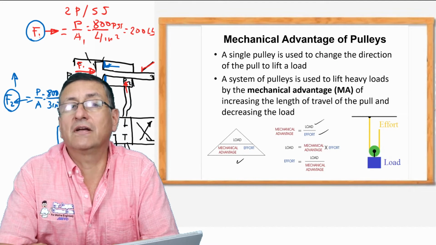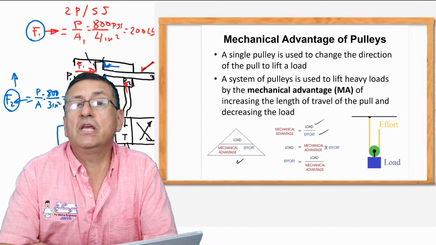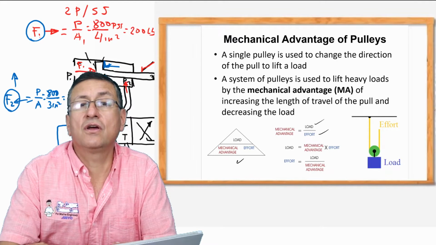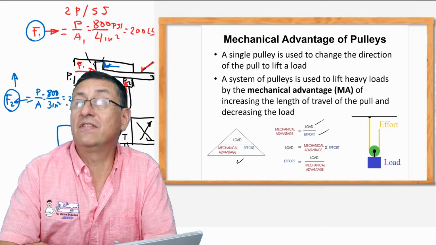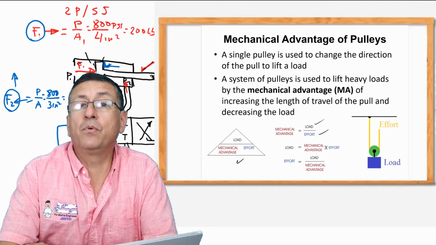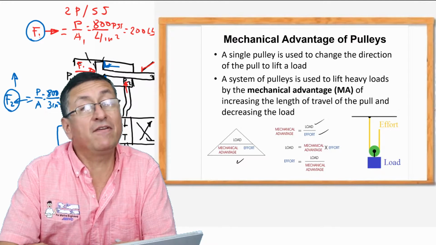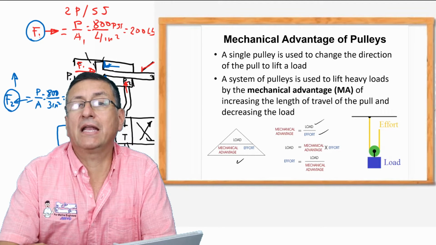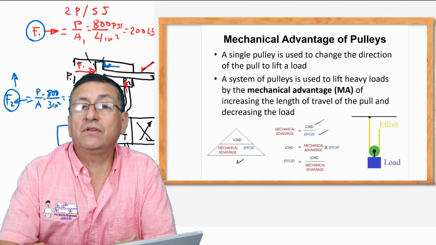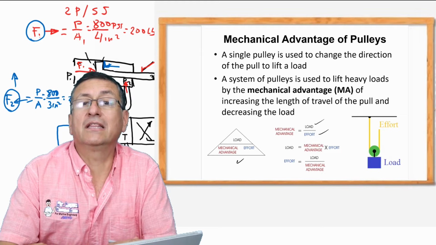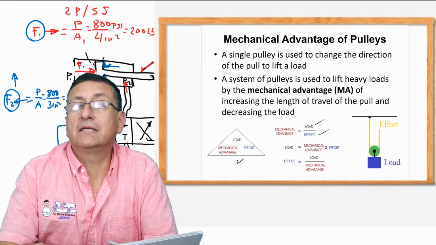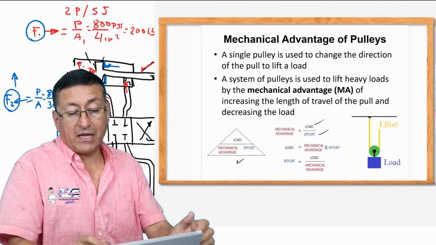A single pulley is used to change the direction of the pull to lift the load. A system of pulleys is used to lift heavy loads by the mechanical advantage, increasing the length of travel of the pull and decreasing the load. This is exactly the definition of mechanical advantage.